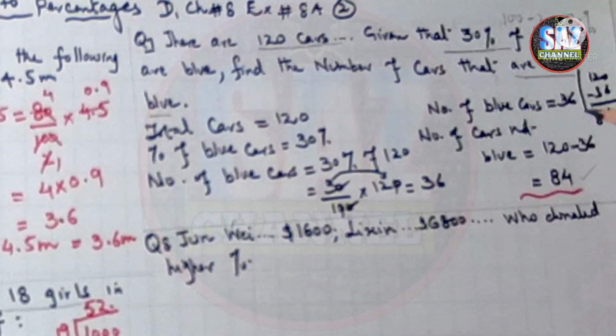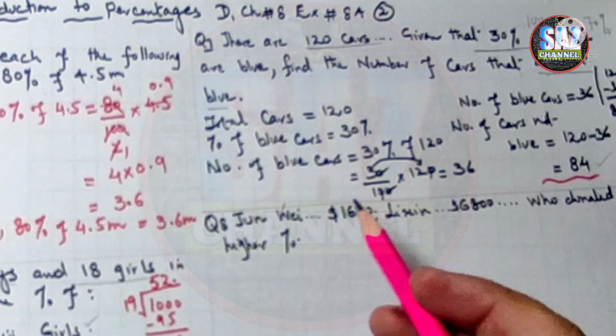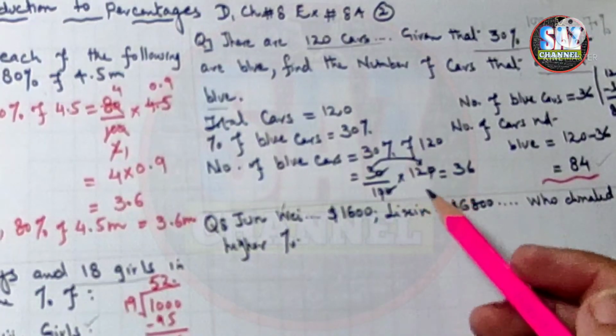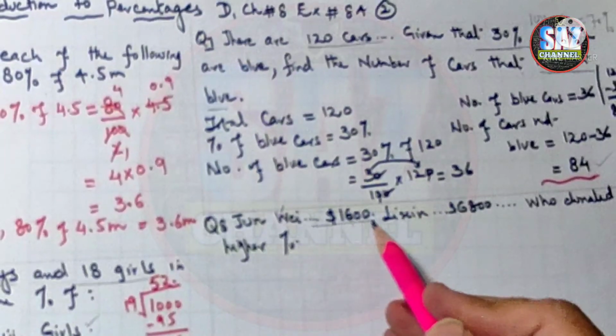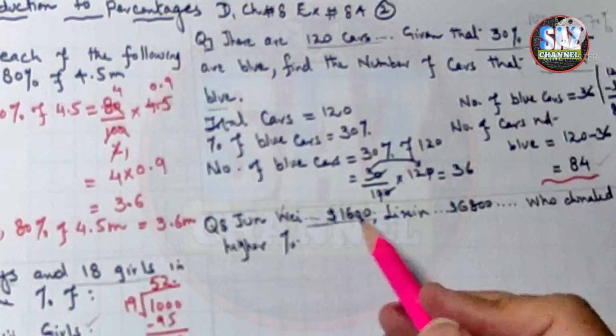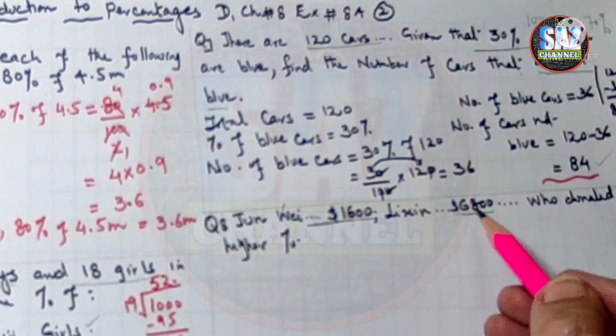Okay, moving to the next question, and the next question says that Janvi is a bus driver who earns $1,600 per month. Okay, Janvi is earning $1,600 per month. Lixin is a manager who earns $6,800 per month.